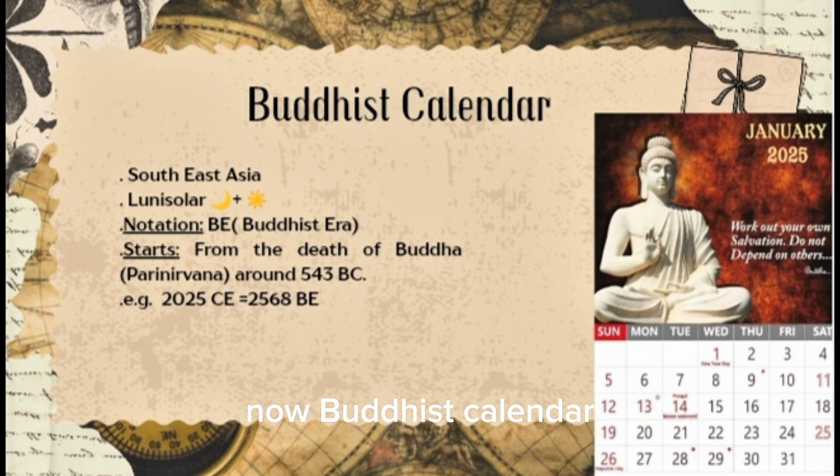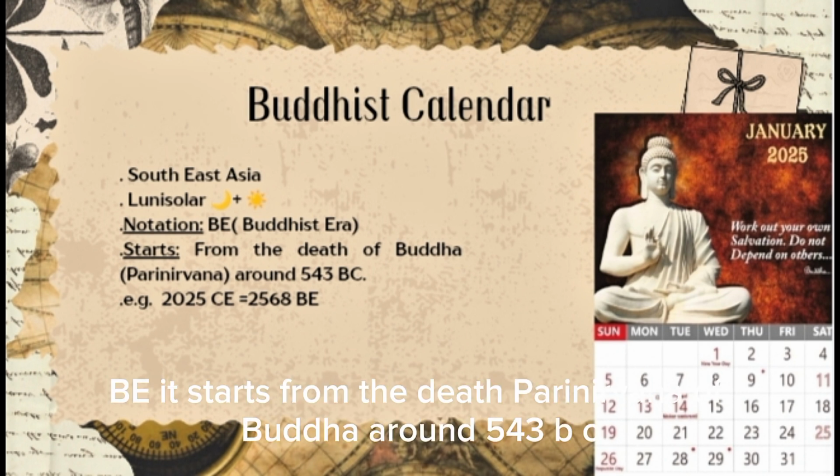Now, Buddhist calendar. Buddhist calendar is used in Southeast Asia. It is also lunisolar. Buddhist Era, BE, starts from the death, the parinirvana, of Buddha around 543 BC.